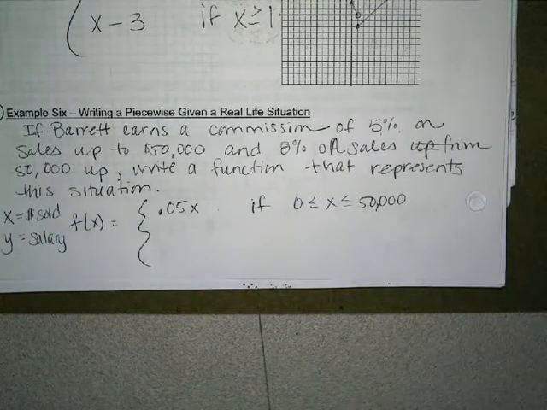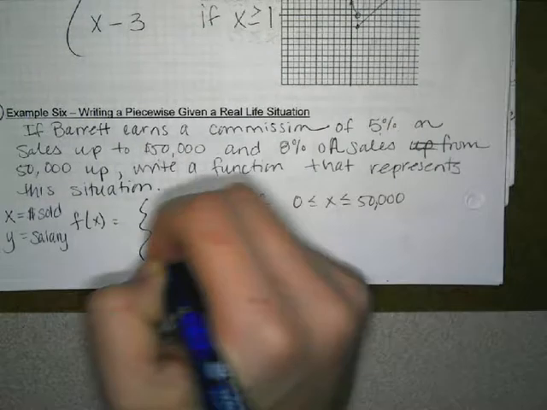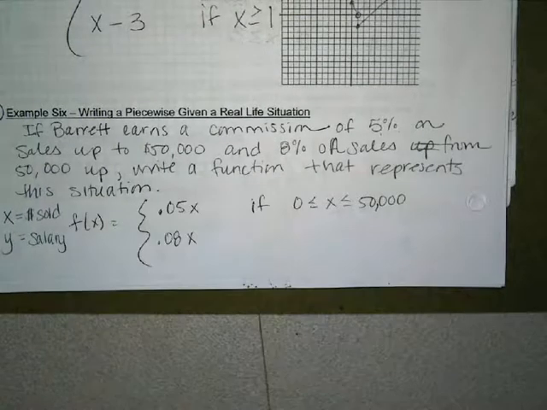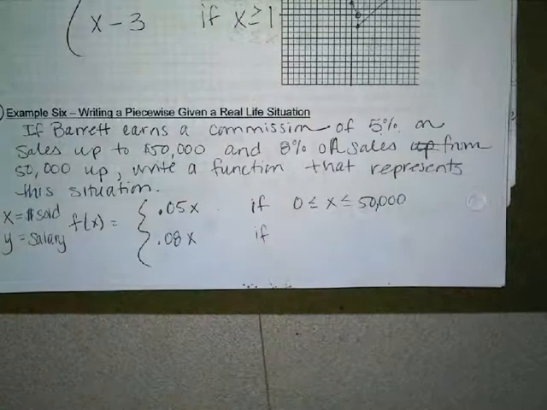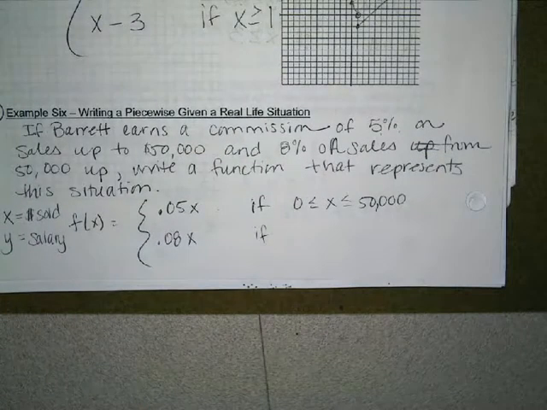And then the next piece of this function is going to look very much the same, except what changes? The percent. So it's going to change from 0.05 to 0.08. He makes a little bit more if he sells more. That's why salespeople have to be really pushy sometimes. It's because their salary depends on it.